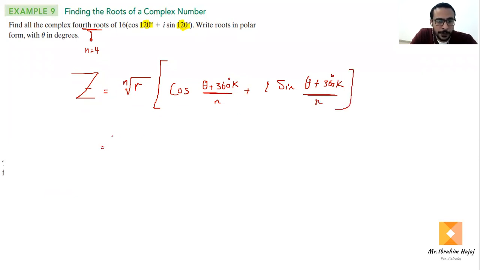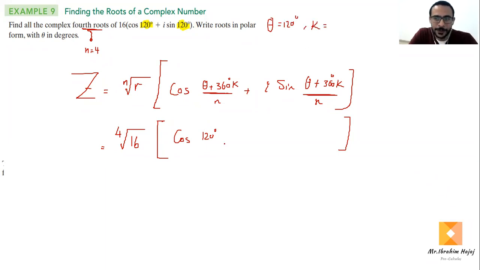So here it is the fourth root, so n is 4. I'm going to write the fourth root of 16, which is r, and then open bracket, and then cosine. We have theta, which is 120 degrees, plus... what is k?